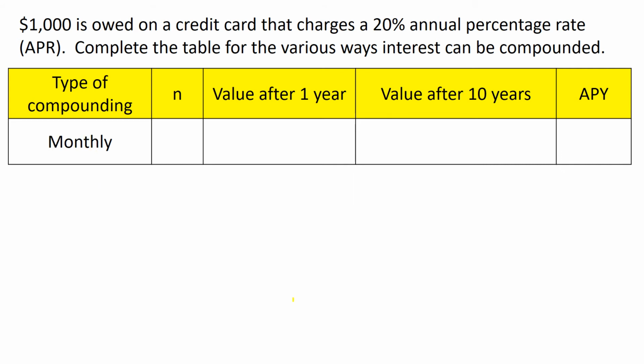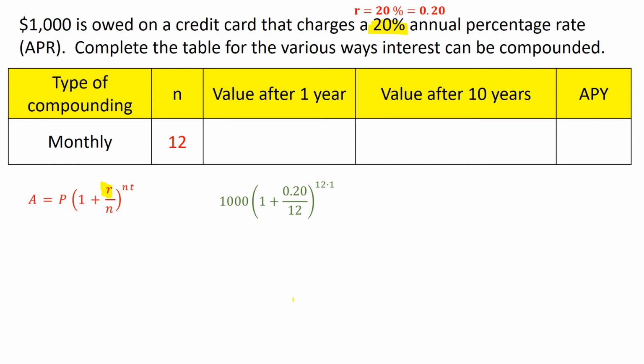So here's monthly. Well, monthly is 12 times a year, so n equals 12. And I also need to make sure I know what r is in the formula. So r is 20%, but we have to write it as 0.20. Now you just substitute those values into our compound interest formula.